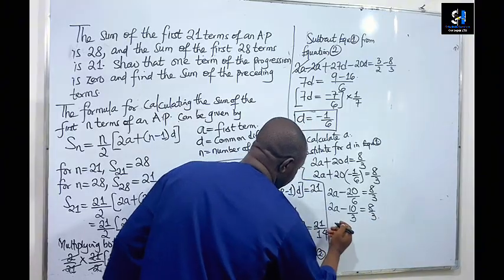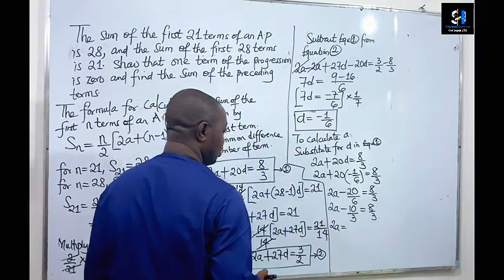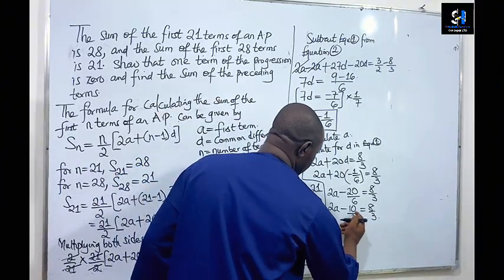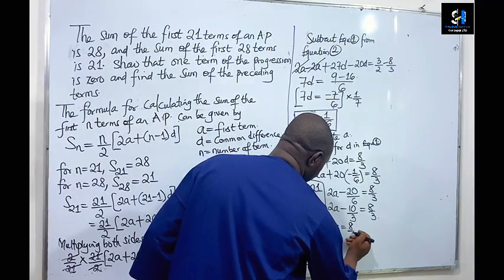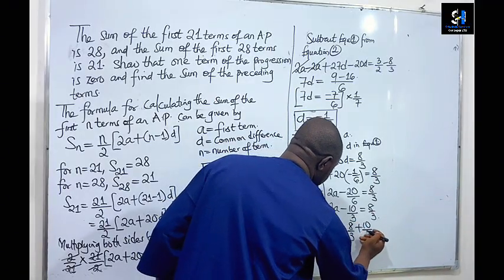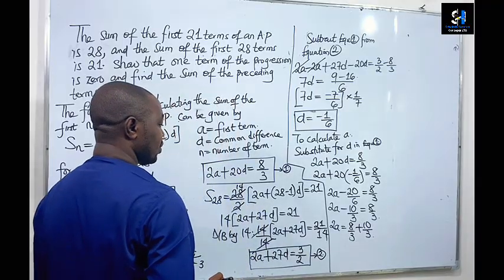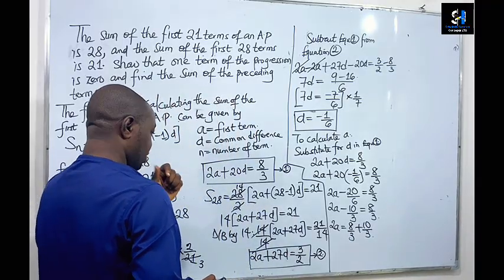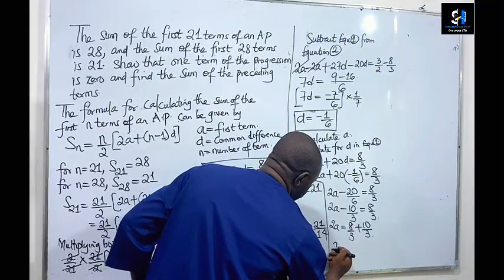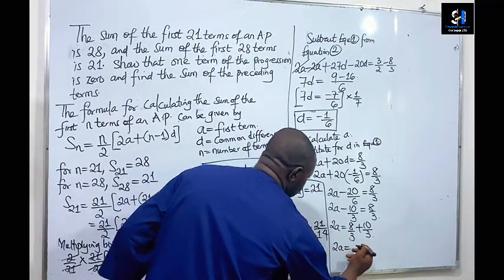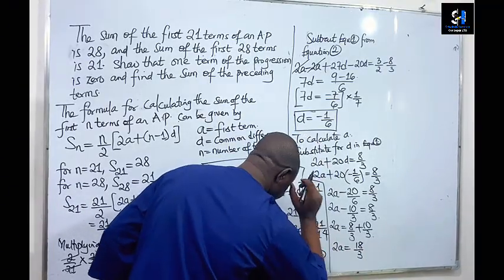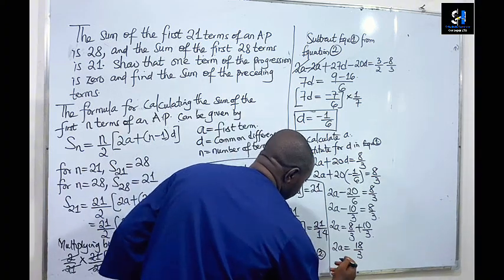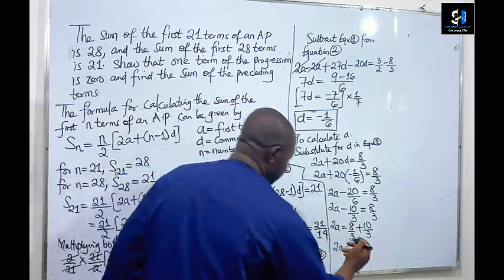So I'll take this over to the other side, so that 2a will be equal to 8 over 3 plus 10 over 3. So that 2a will be equal to 18 over 3. Okay, 18 divided by 3 is 6.